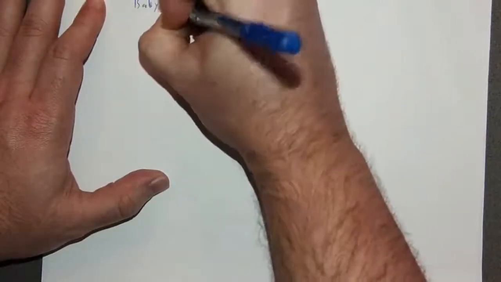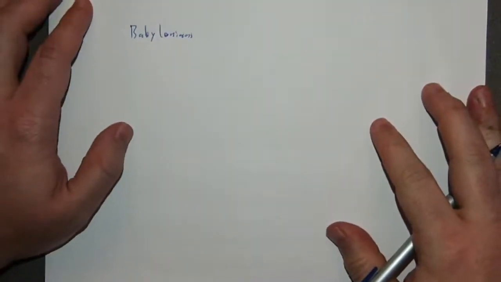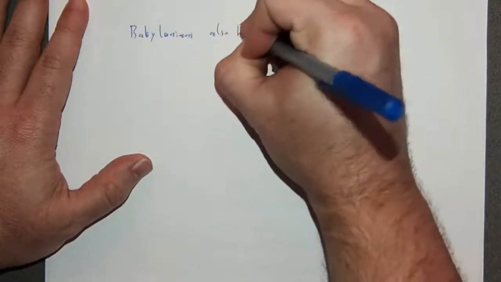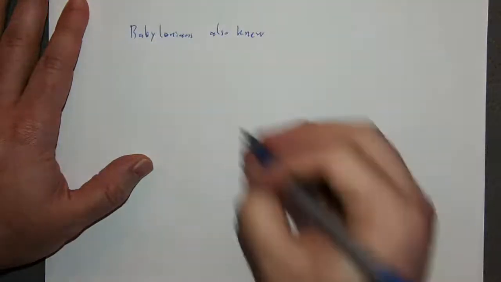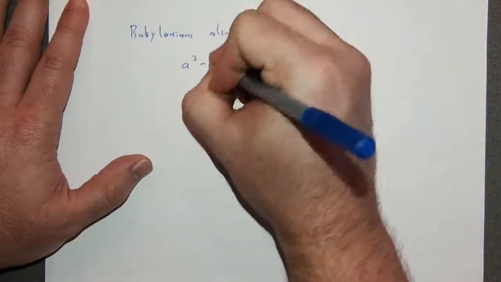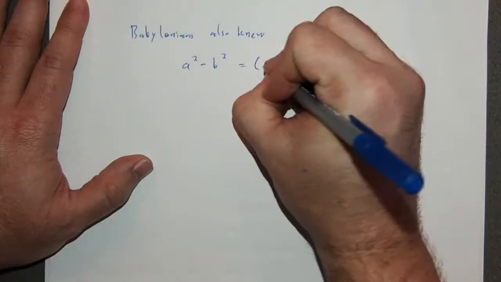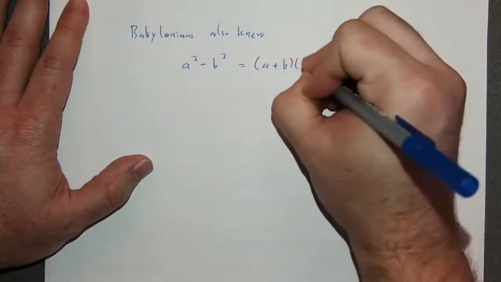So Babylonians also knew some of your familiar formulas for simple algebraic quadratic expressions. They knew, for instance, difference of squares: a squared minus b squared can be expressed as (a plus b)(a minus b).